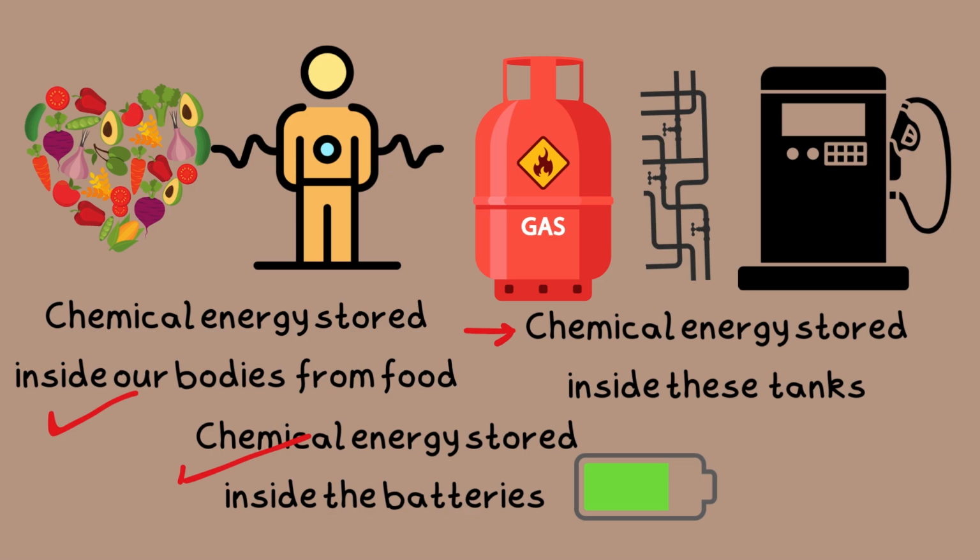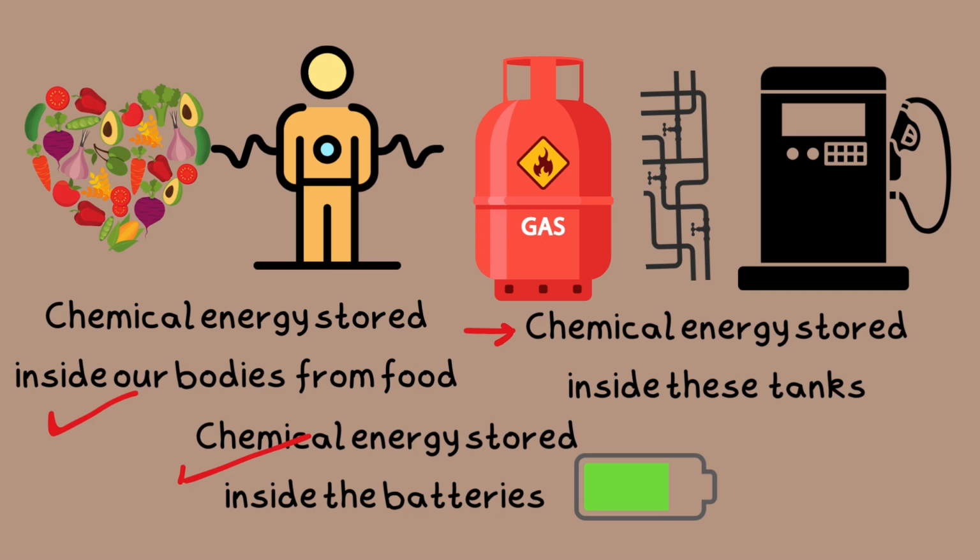We talked about chemical potential energy that may be found in food, in batteries, or in gasoline used for cars. It is found in the gas station, yes. Also, chemical potential energy is found in natural gas that is used for heating and cooking food.